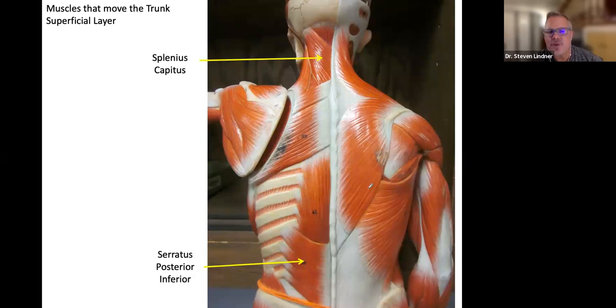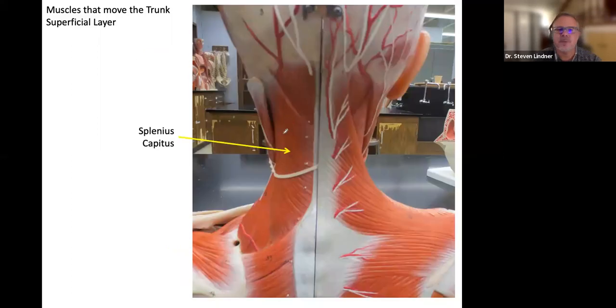Muscles that move the trunk. You don't have to know serratus posterior. Really, for the lower back, I want you to know the latissimus dorsi, which is a lower back muscle, but also a shoulder muscle. Splenius Capitis, yes. And semispinalis capitis, of course. So here's the Splenius Capitis. And then there's the semispinalis capitis.